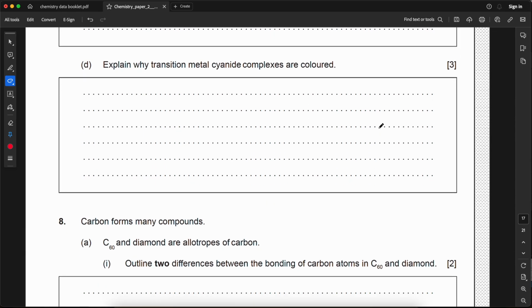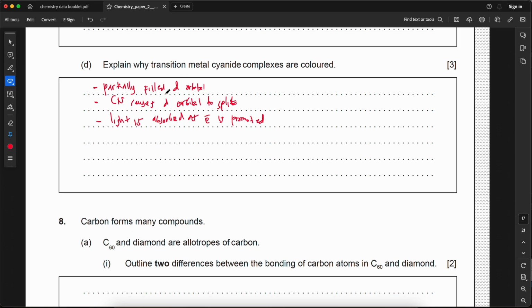Explain why transition metal cyanide complexes are colored. There are three reasons. The first one, partially filled d orbital, and then CN causes the d orbital to split, and light is absorbed as an electron is promoted.